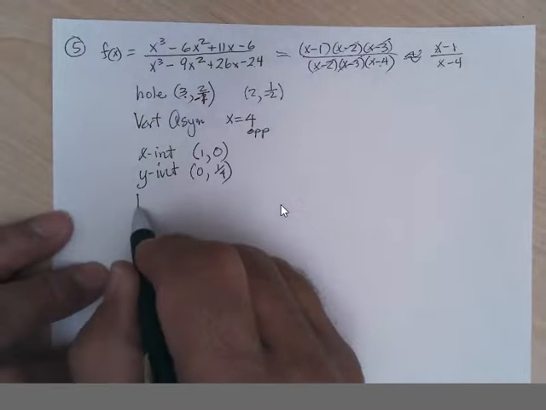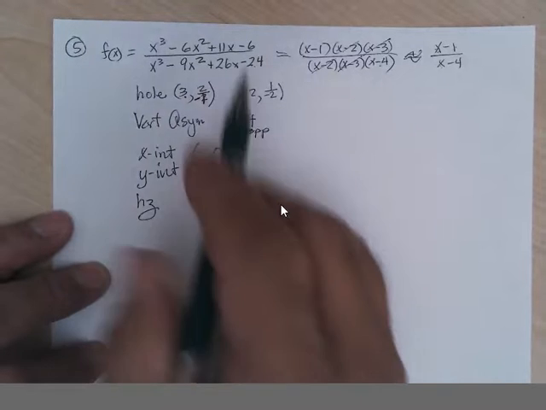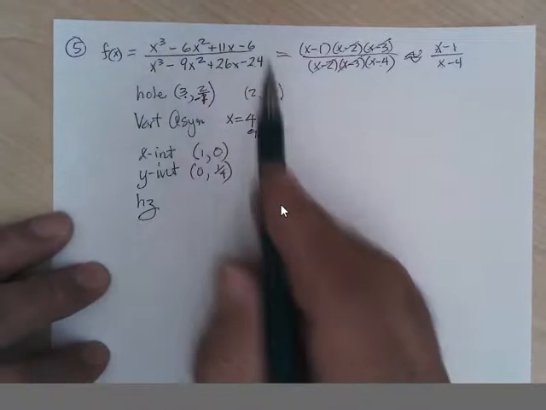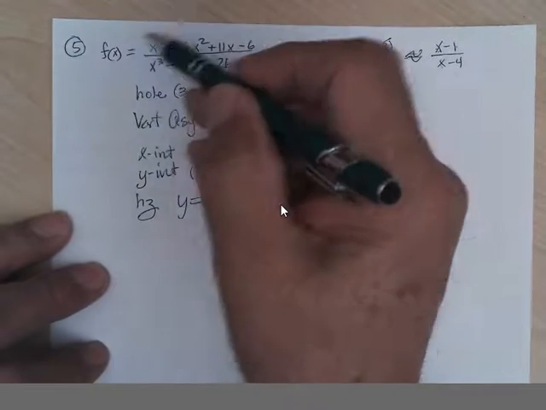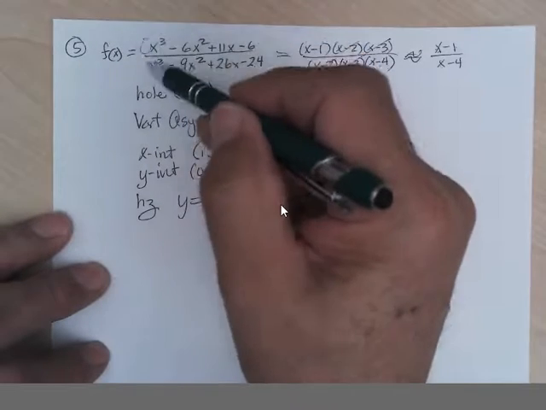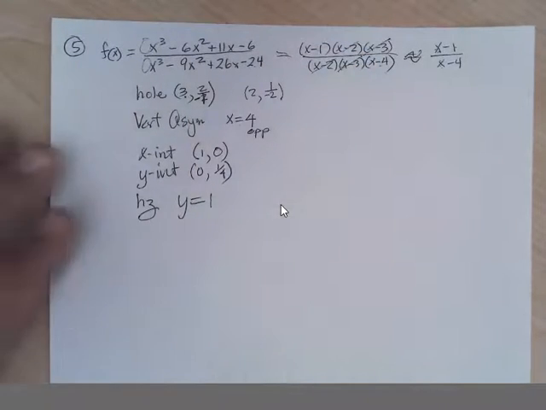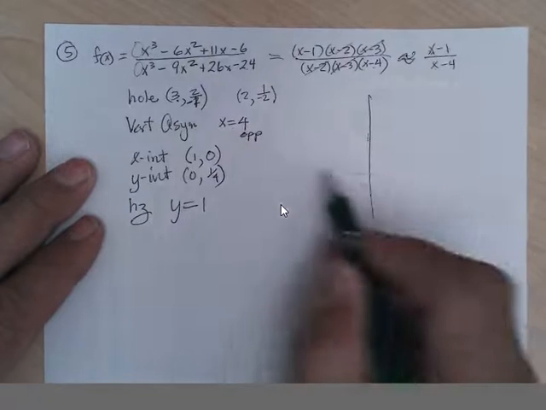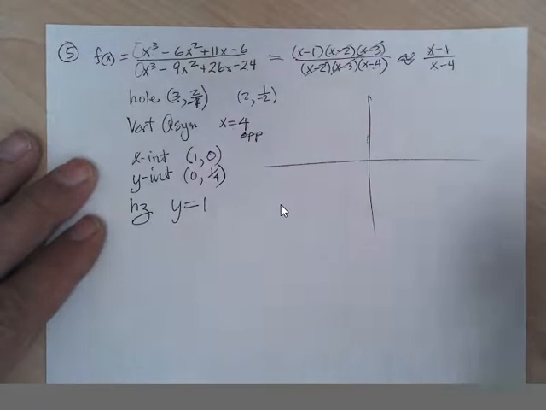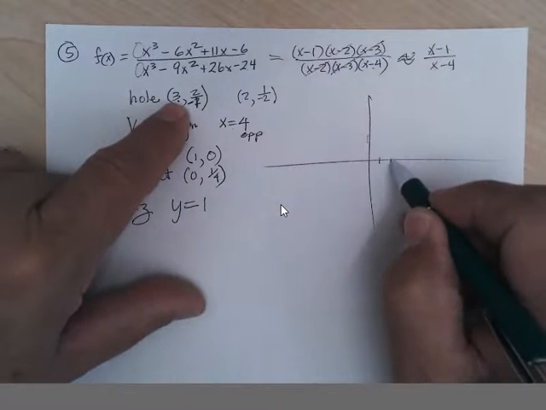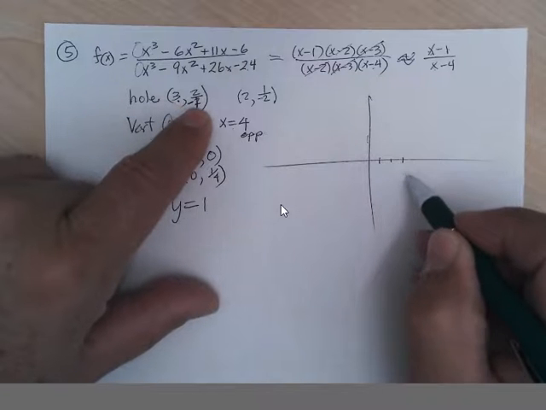And the horizontal asymptote, the degrees are the same, so it's going to be y equal the ratio of the leading coefficients, 1 to 1, which is 1. So the sketch: it has a hole at 3, negative 2.